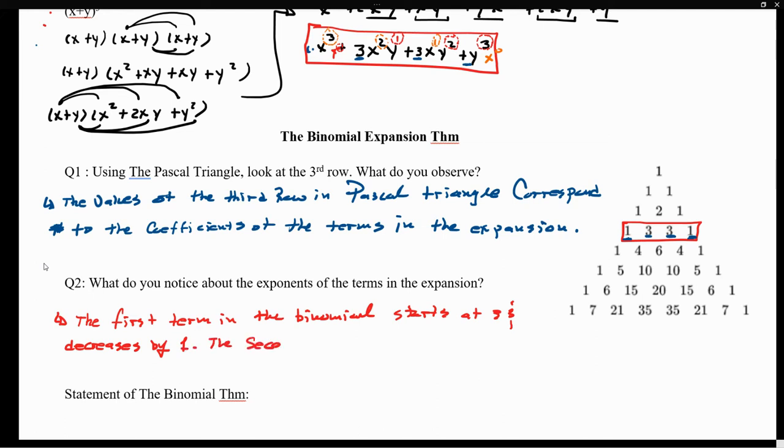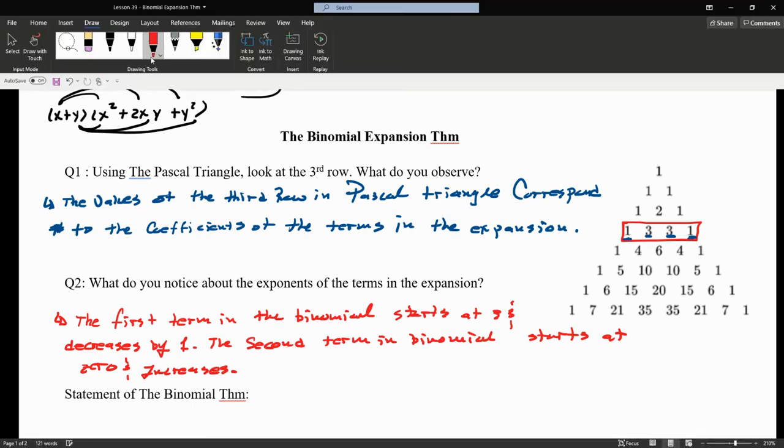And the second term in the binomial starts at 0 and increases by 1. So what do we mean by the first term and the second term?